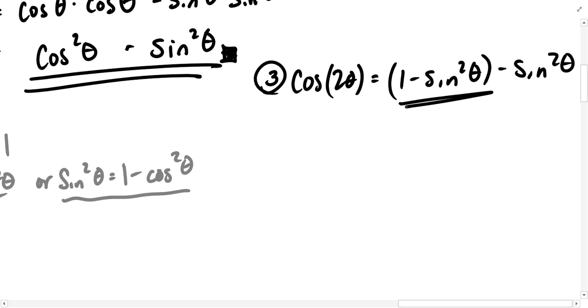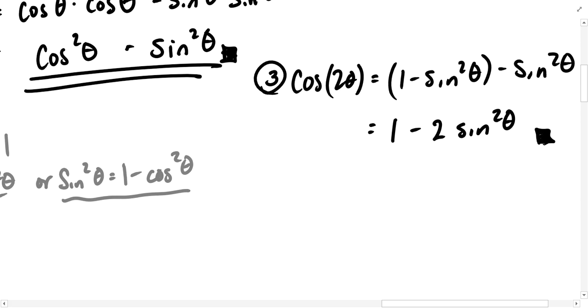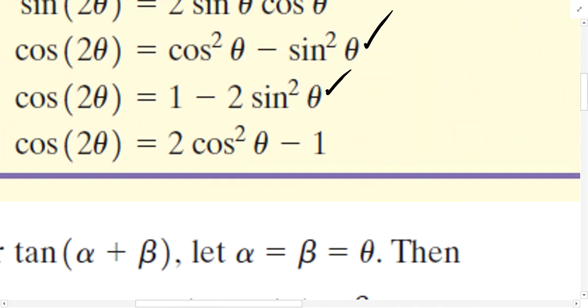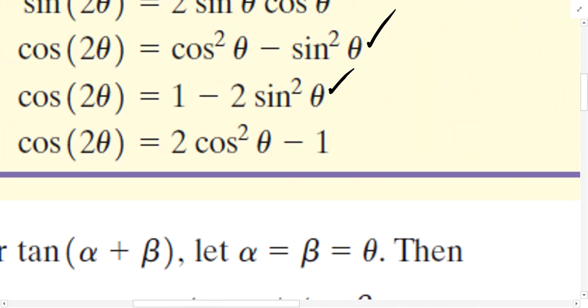And again, we're writing this in place of cosine squared. And we've got two like terms, and we can also clear the parentheses here. So we've got 1 minus 2 sine squared theta. That matches our third identity for today.